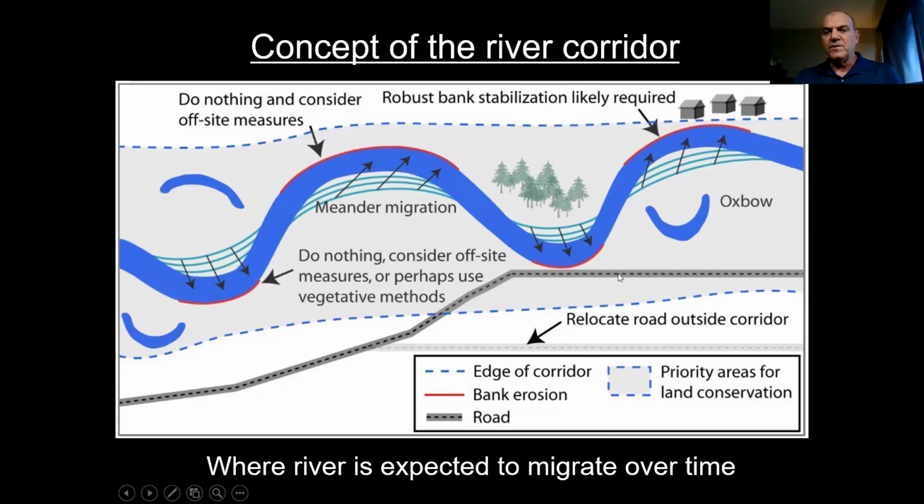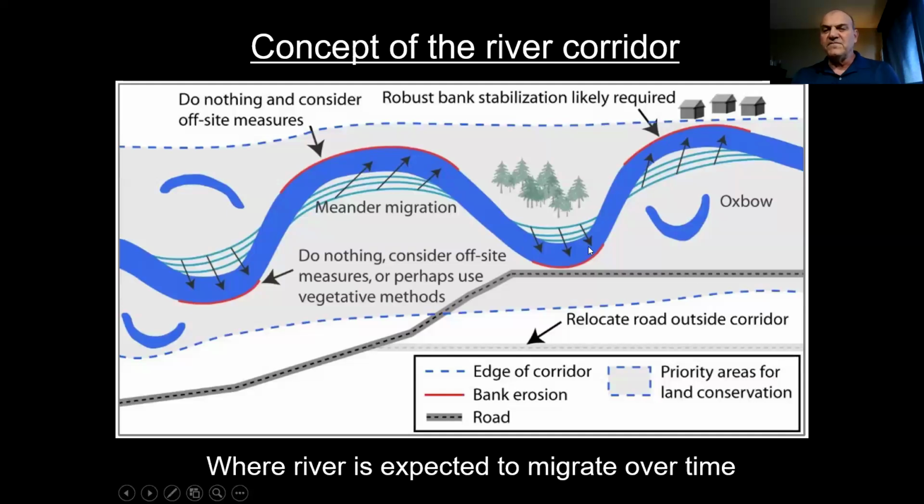For example, in the lower right, we can see there's erosion approaching the road. The road is within the corridor, within the area we might expect the river to erode through time.